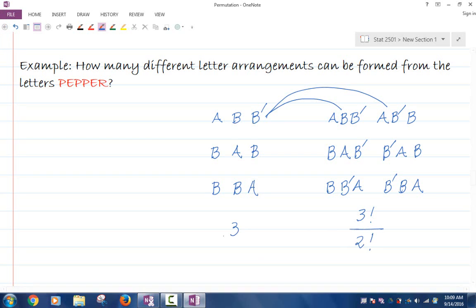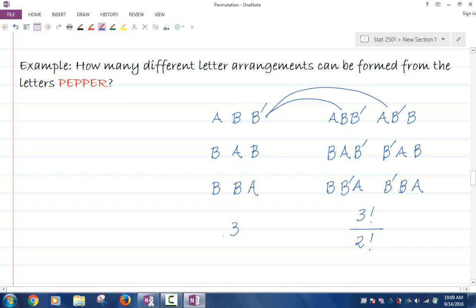Is that making sense? So once again, look at the 3 distinct permutations of the 3 objects A, B, and B. Now, if the B's were distinct, then I have 6 permutations.